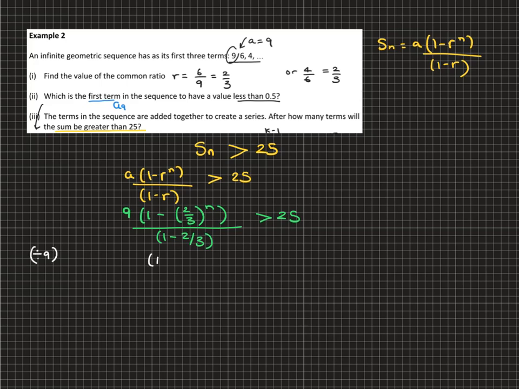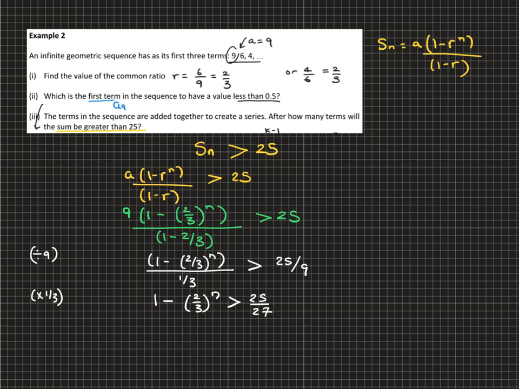So this gives me 1 minus 2/3 to the power of n, all over a third, is greater than 25 over 9. And then we can multiply it by a third, which gives us 1 take away 2/3 to the power of n is greater than 25 over 27.